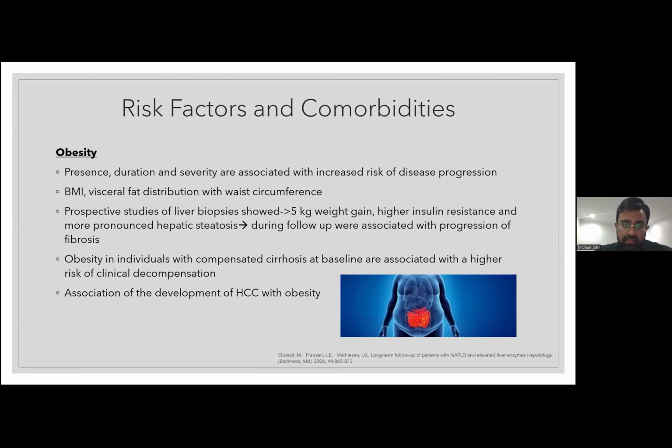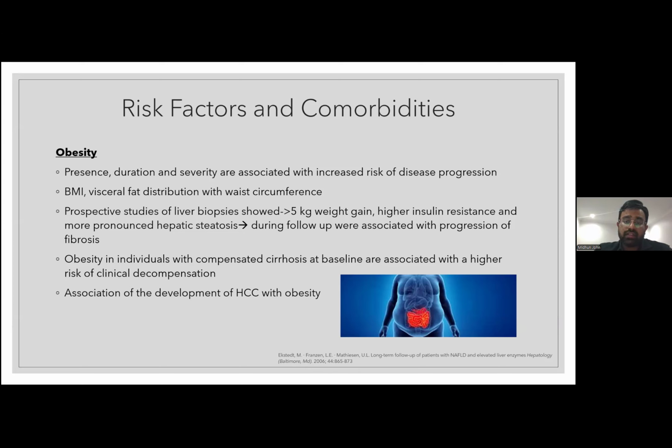Now, the presence, the duration, as well as the severity are increased with an increased risk of disease progression in MASLD. BMI, visceral fat distribution, and waist circumference, with waist circumference, as you saw in our table before, increases that risk. There are prospective studies described in XCOT-M, which basically looks at liver biopsies that were done after patients had gained 5 kgs.